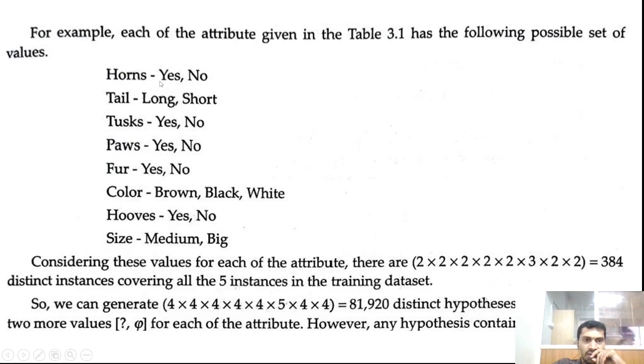So there are all the features except one having two possibilities, and one having three possibilities, right?